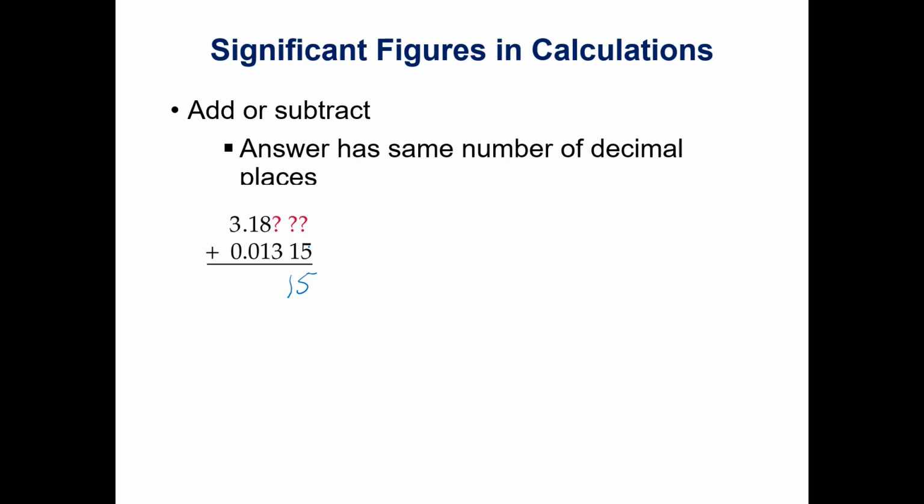So 5 plus nothing is 5, 1 plus nothing is 1, 3 plus nothing is 3, 8 plus 1 is 9, 1 plus 0 is 1, and 3 plus 0 is 3. So 3.18 only has 2 decimal places. Our other number has more decimal places, but we're limited by the one that has the least number of decimal places. So we would round this off to 3.19 for our final answer.